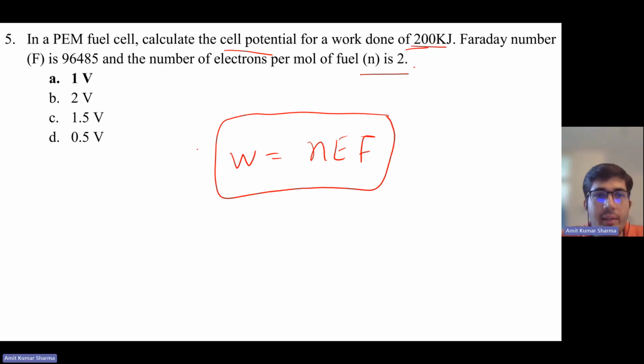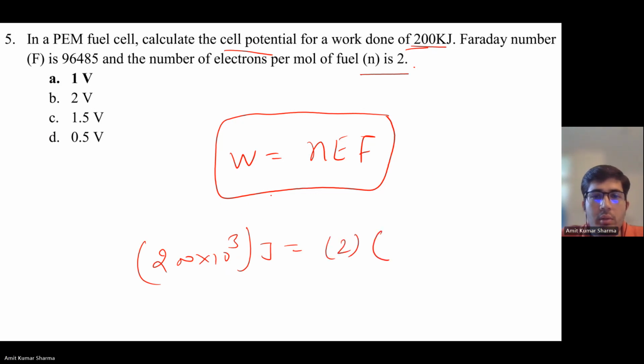Write down the given data. We have W, which is 200 kilojoule, so 200 into 10 to power 3 joule. N, the number of electrons, equals 2. E we have to find out. F is given as 96485.